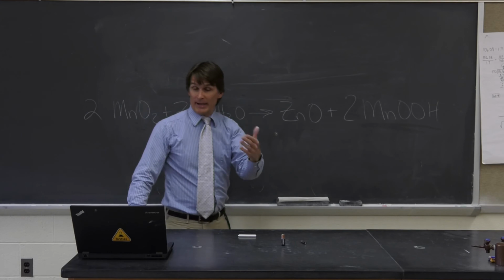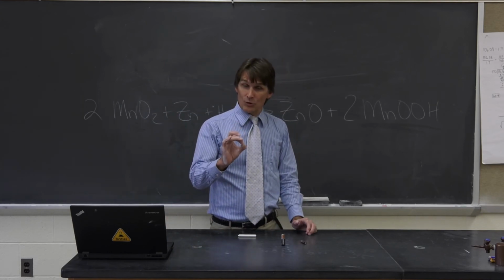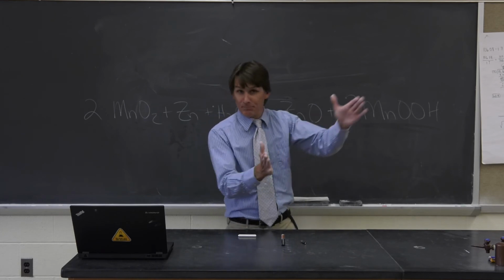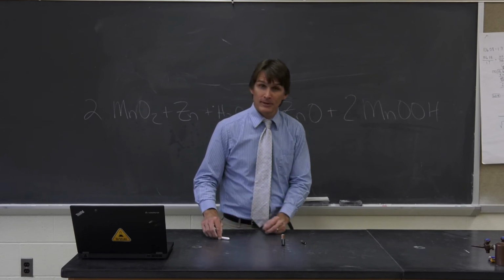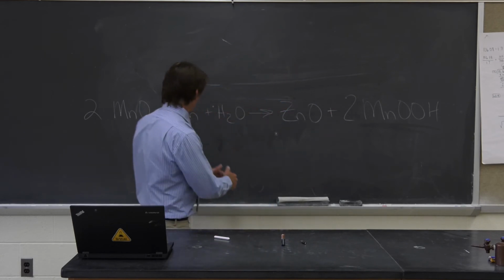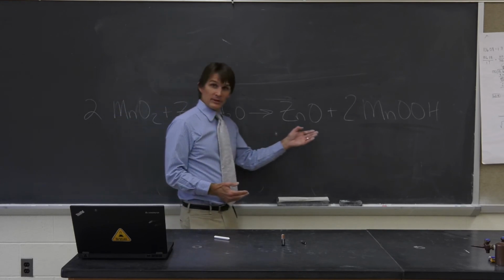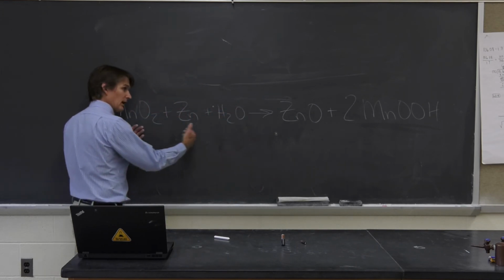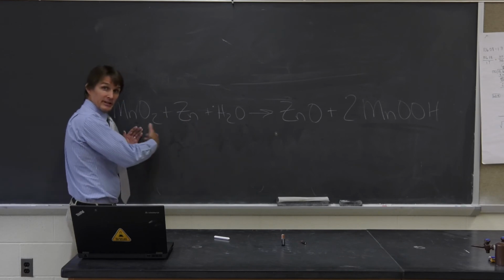There are actually some patents out there for golf balls to include zinc oxide in the core, so that when they're struck, they'll go a little further, because they bounce real easily off of the club. So if that's the case, we're going from something that's not so bouncy like zinc to something that is bouncy. And so if the battery's fresh, there's going to be a lot of reactants present. There's going to be a lot of unbouncy material in it.